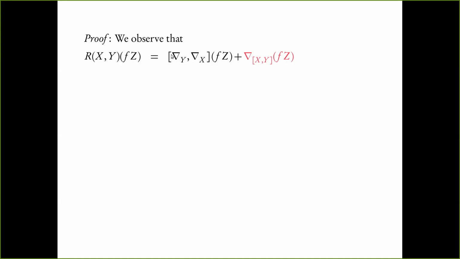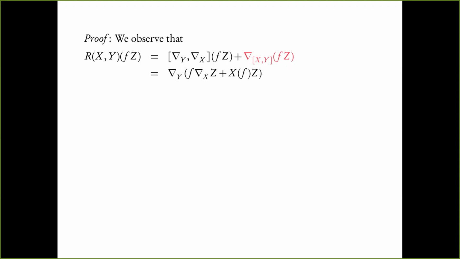Well, it is the commutator of nabla y, nabla x on fz plus the Lie bracket of xy on fz. I'm writing these in two different colors so that you can identify terms arising from these two terms. So what is the first term? The first term is simply going to be nabla y acting on nabla x of fz.